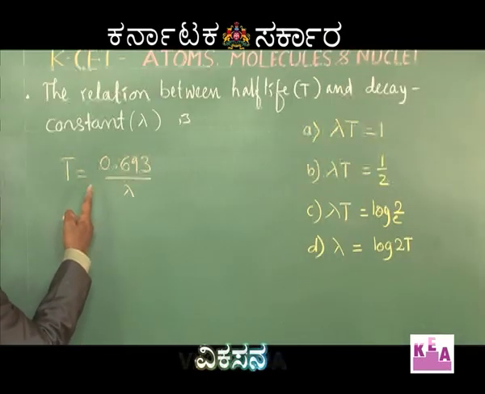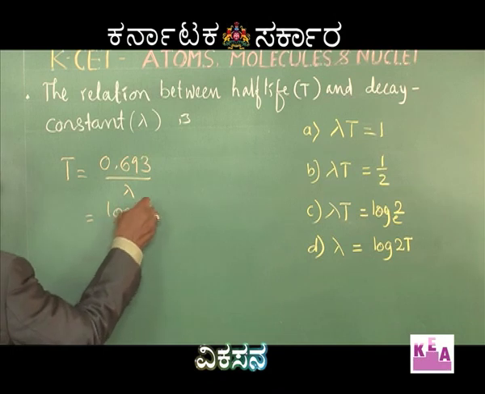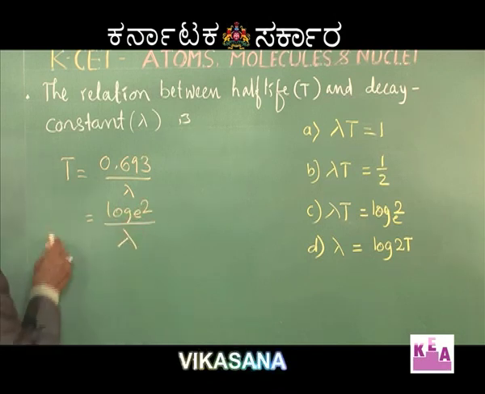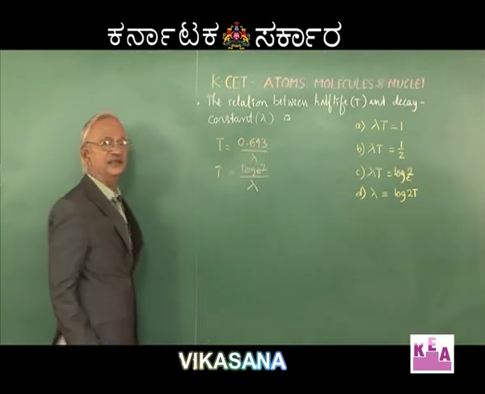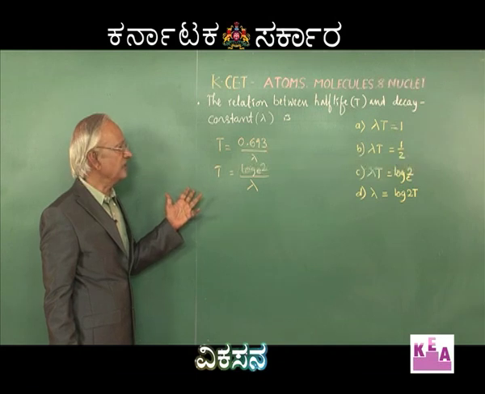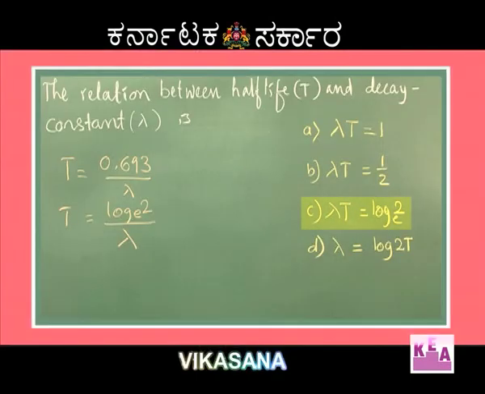It is nothing but log of 2 to the base e. So, I would recall and write this: log of 2 to the base e divided by lambda is this T. And once you write this, you will definitely come to the answer. So, lambda into T is log of 2 to the base e. So, the correct option is C, which you find.